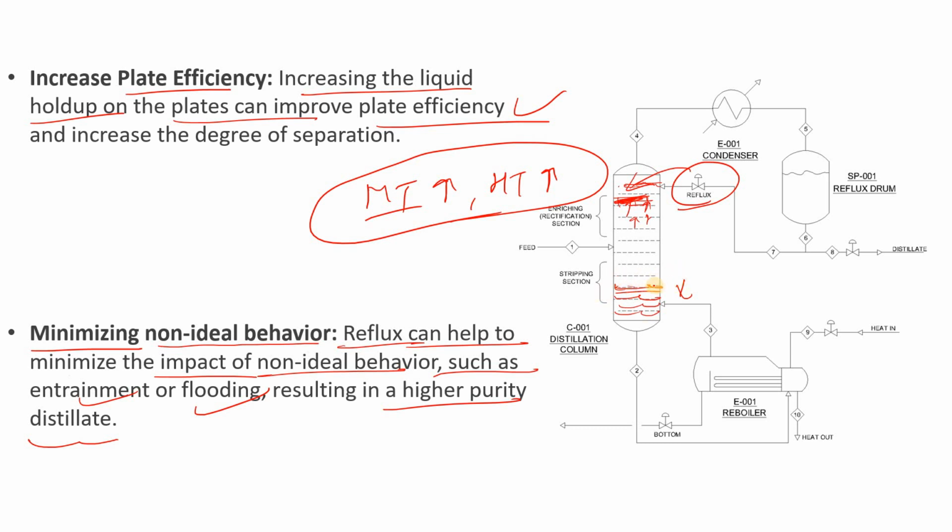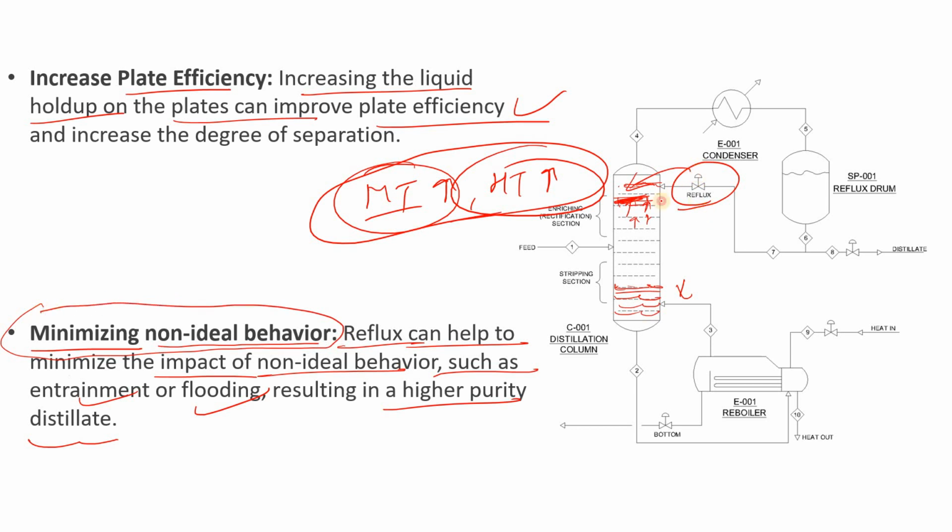That is not good for the separation in the distillation column, because you want that in each tray there will be some holdup time. If the holdup time is sufficient, then only your mass transfer and heat transfer can occur, then only your liquid will convert into the vapor and it will convert into the distillate. Are you getting my point what I want to say? So that's why it also minimizes the non-ideal behavior.